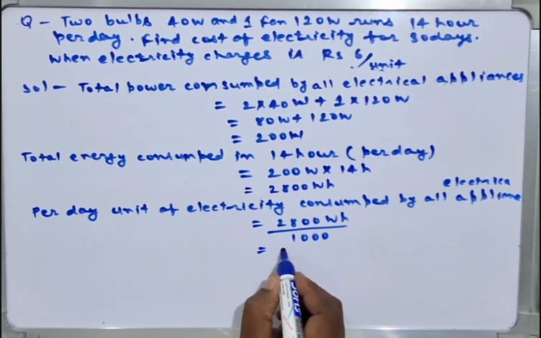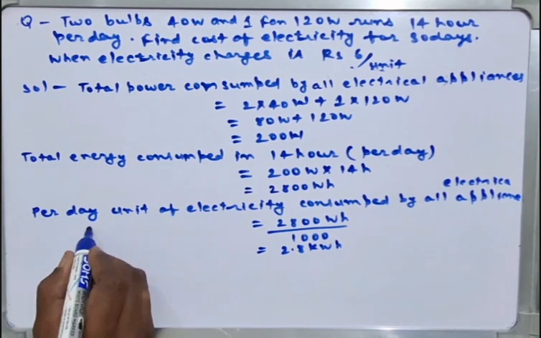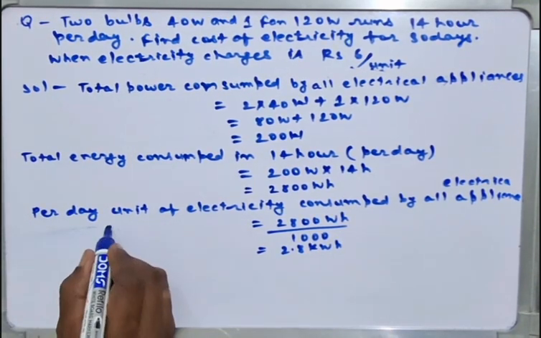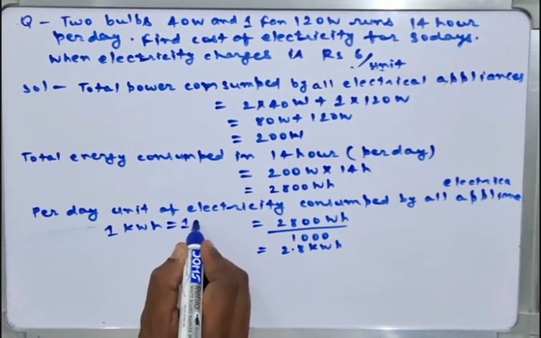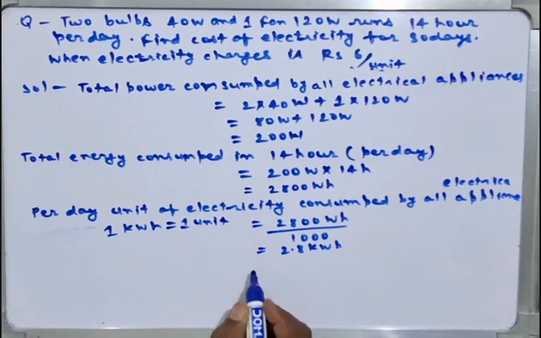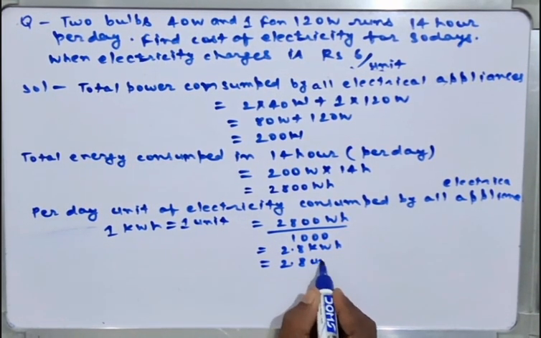So this will come 2.8 kWh. So guys, 1 kWh is equal to 1 unit. So this will come 2.8 unit.